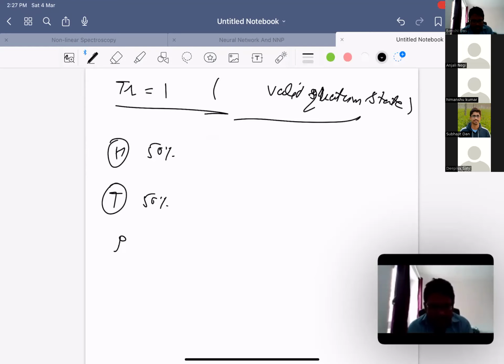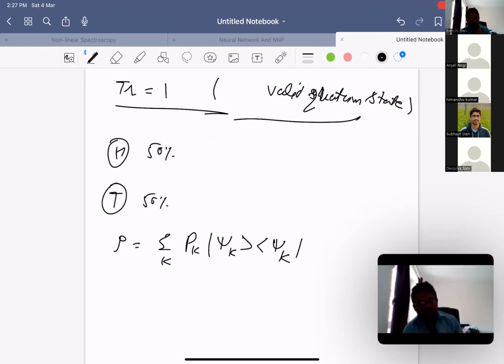We simply write it as a summation over k of pk times psi k, psi k, which is the general expression I'm writing here, where psi k is the wave function in the k-th state, and pk is the probability of finding the particle in that particular state.